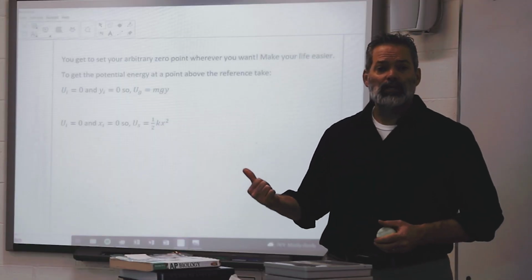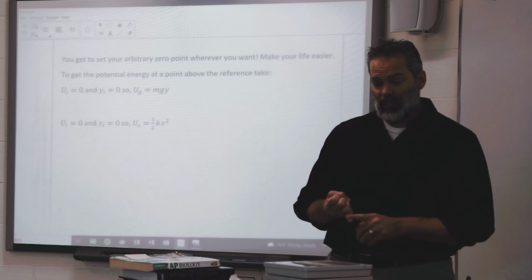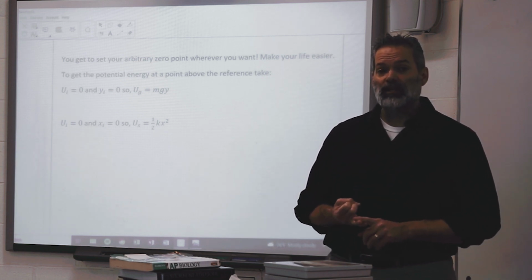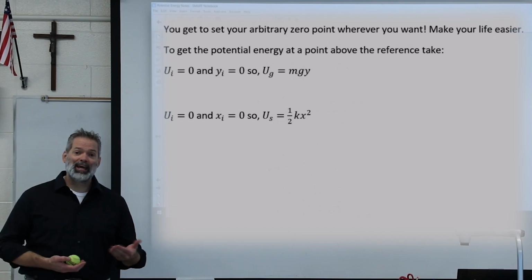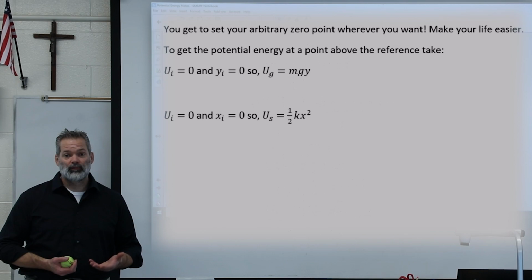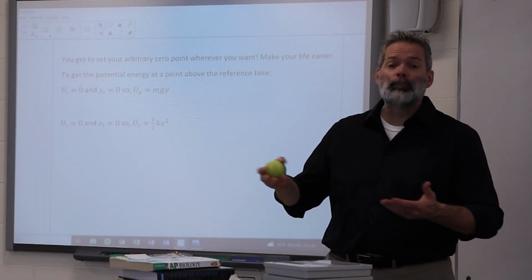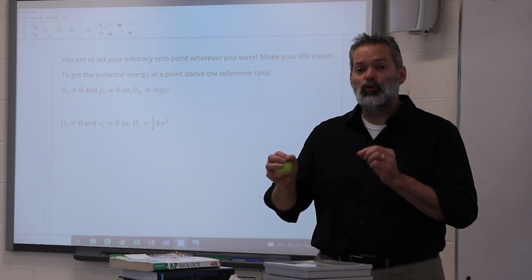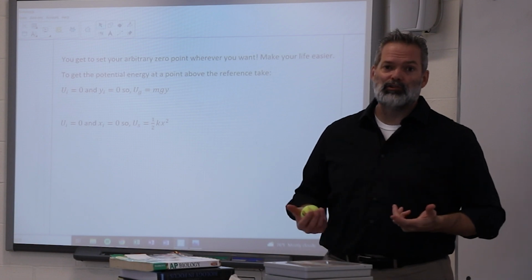In these examples, I'm showing that the initial positions are 0, so that the initial potential energy is equal to 0, so that my final potential energy is just mgy or 1/2 k x squared, respectively. Put your 0 wherever you want. I don't want to put it down there low, I want to put it up at the ceiling. Fine, do whatever you want, I don't care, but your life will be easier if you are smart about it and put your reference point somewhere where one of your energies drops out.